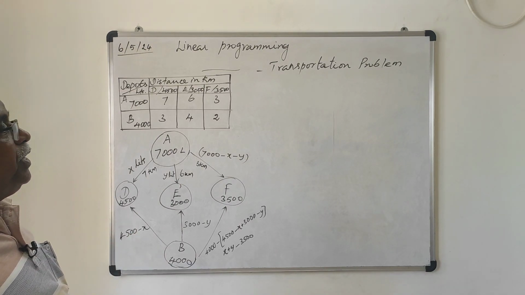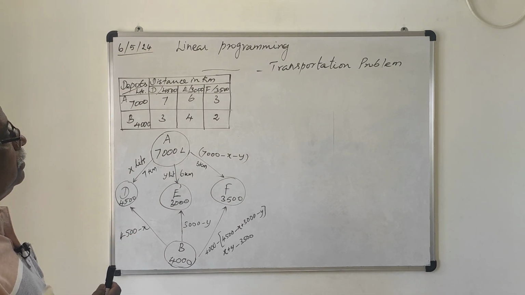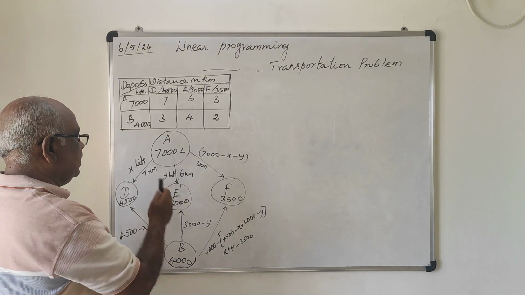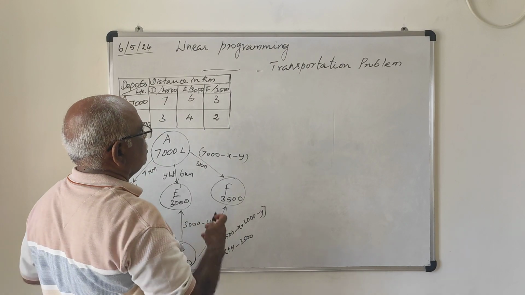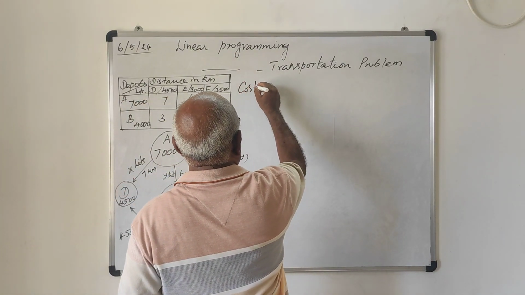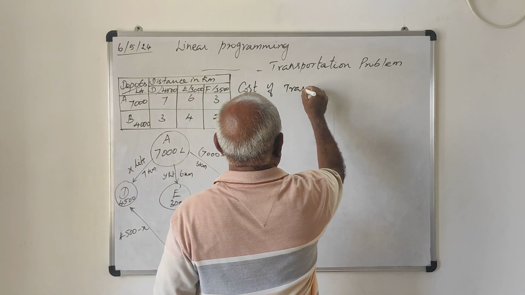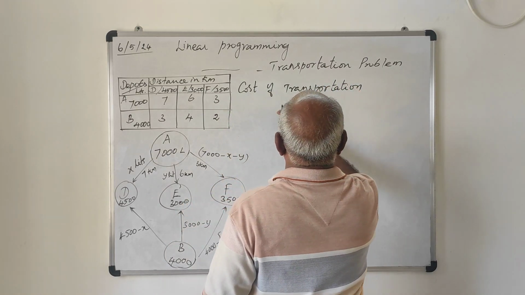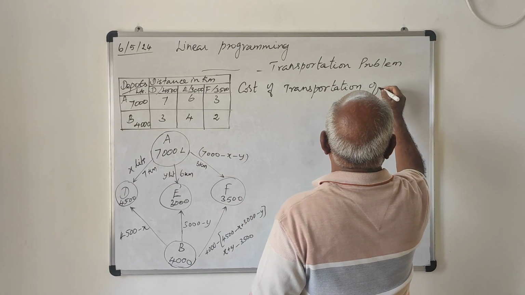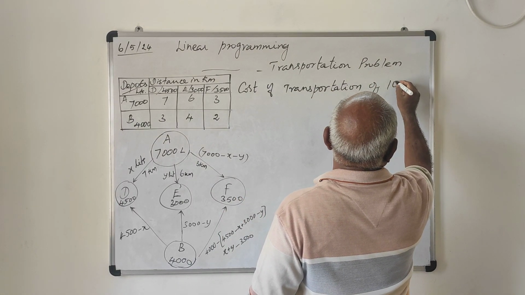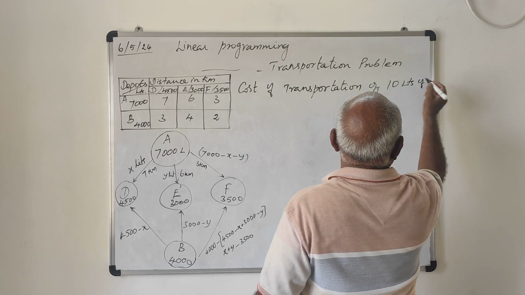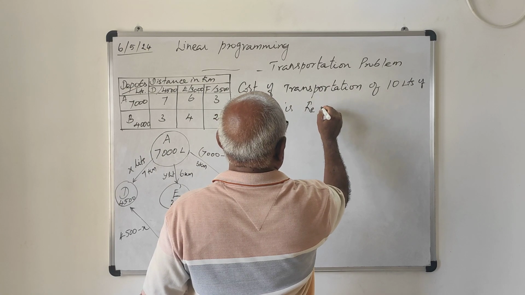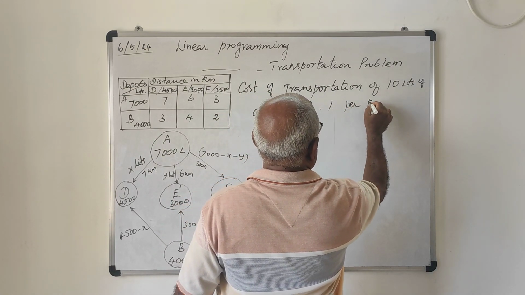And the cost of transportation of oil for 10 liters is rupee 1 per kilometer.